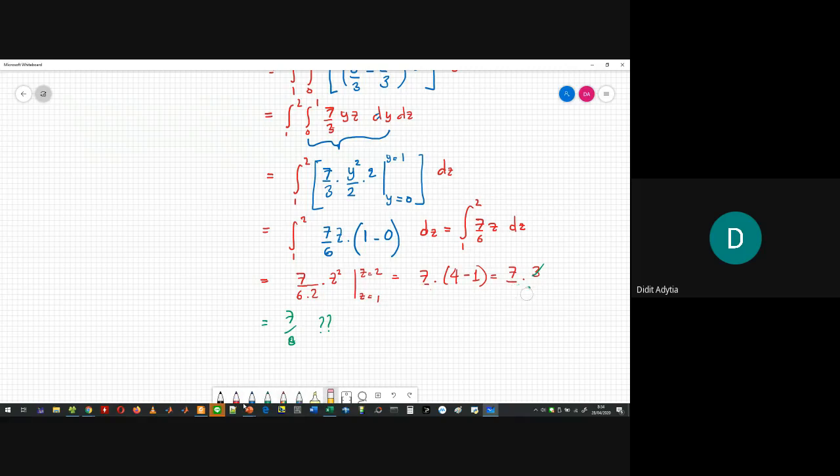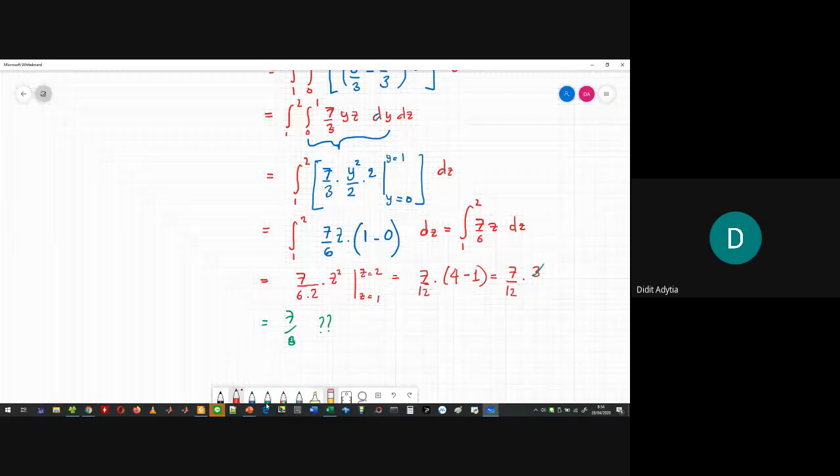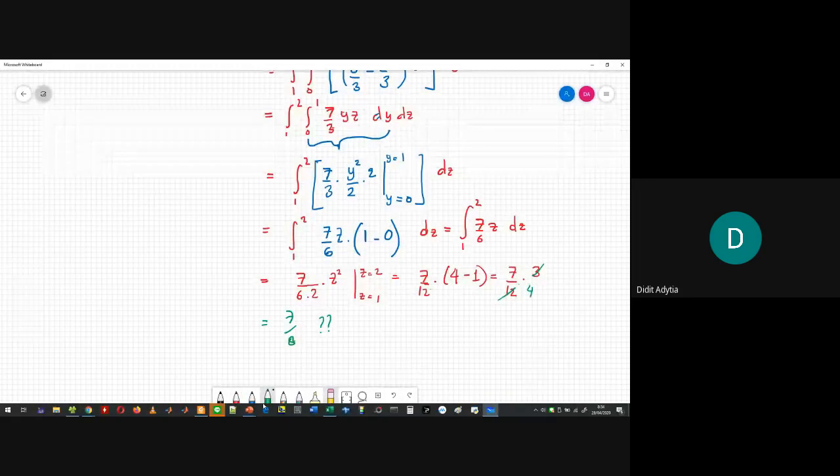Okay, this is become 12, and this one is become 12, and then 4 ya, 7/4. Okay, this is 7/4. Okay, ini sudah benar. Sekarang sudah benar.